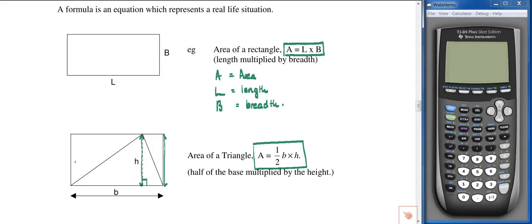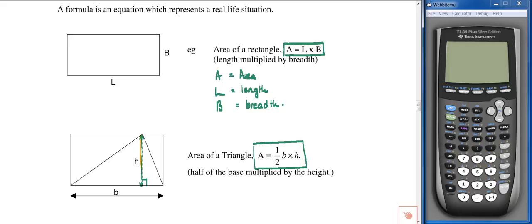Now, why is the area of a triangle equal to half base times height? Base times height, or breadth, is the area of the entire rectangle. Why is the area of the triangle equal to half the area of the rectangle?